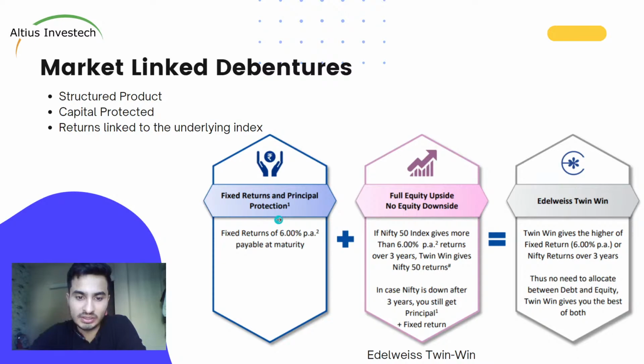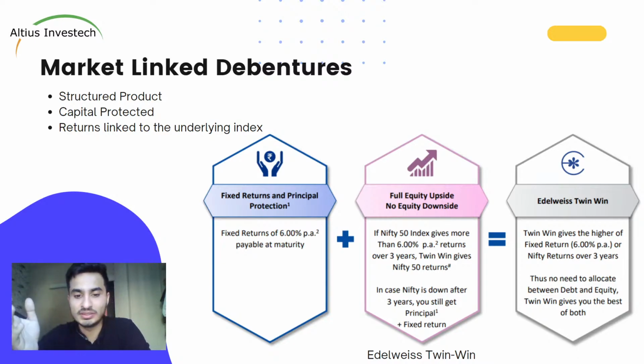In this MLD, they have mentioned that when you invest, you either earn a fixed return of 6% per annum, that is payable at maturity, or the other condition is, if the Nifty 50 index gives a return of more than 6% in the next 3 years, then Twin Win will give you the exact returns that the Nifty 50 has fetched in the 3 years, and that will be your total return.